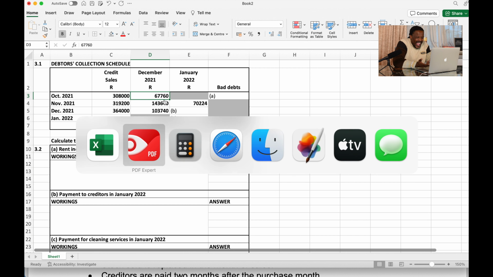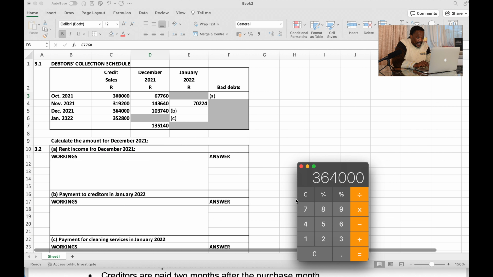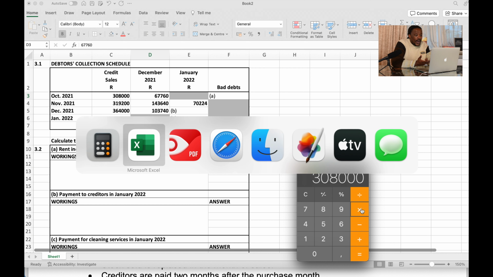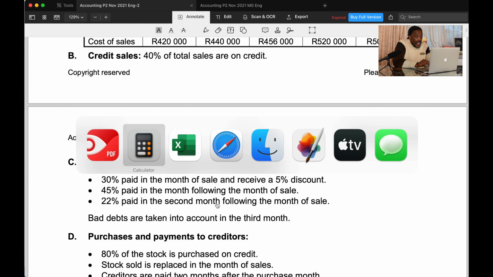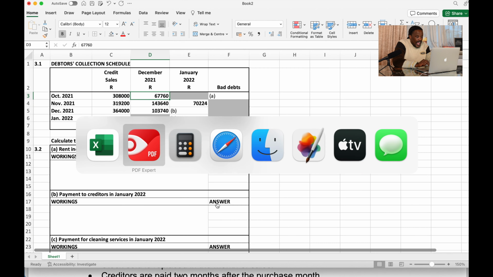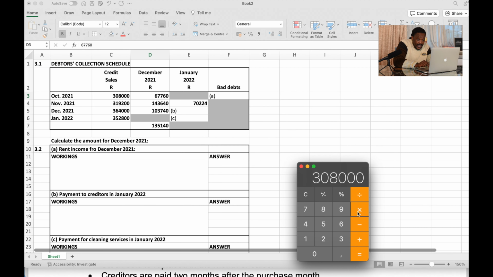So for you to test again, these tests are very significant. You will say 308,000, and you check after 2 months what was the trend. The trend after 2 months was 22% paid in the second month after the date of sale. And when we test this amount, it is times 22%, and that amount is recorded for us.